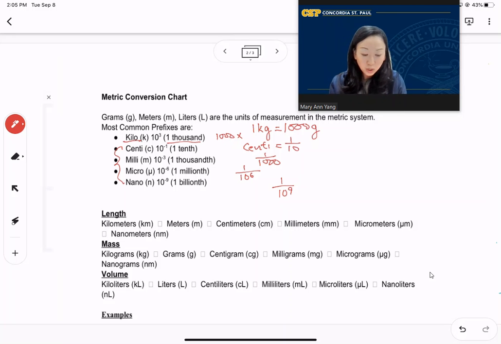Okay. When do we use this? You're going to see a lot of liquid that might be listed as 1 milliliter. But then we're giving you a micropipette, which measures microliter. Okay.